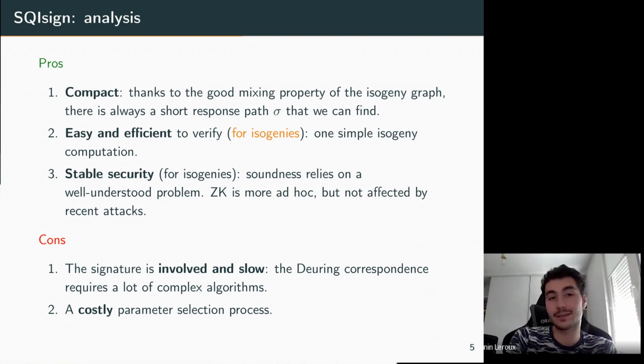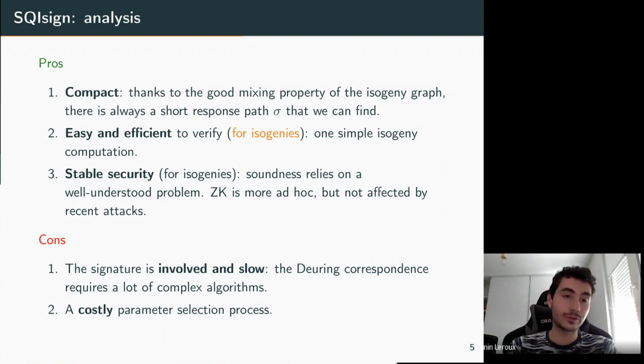But in the world of isogenies, we have something which is pretty efficient, since for the verification, one essentially only needs to recompute this isogeny sigma, and verify that it goes from the public key curve EA to the challenge curve. We've made a parameter choice that makes this computation pretty straightforward. So it ends up being by far the simplest step in the signature scheme.